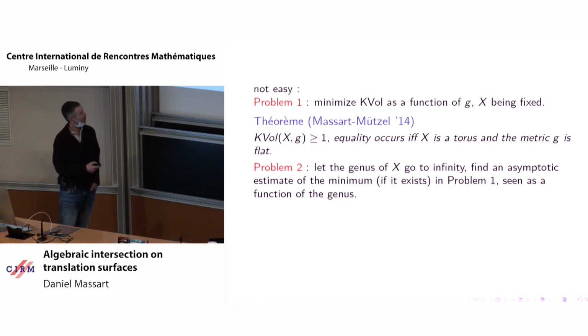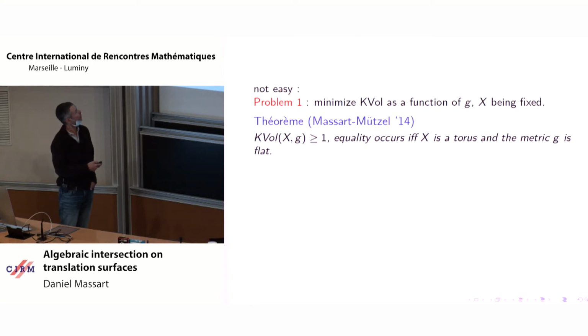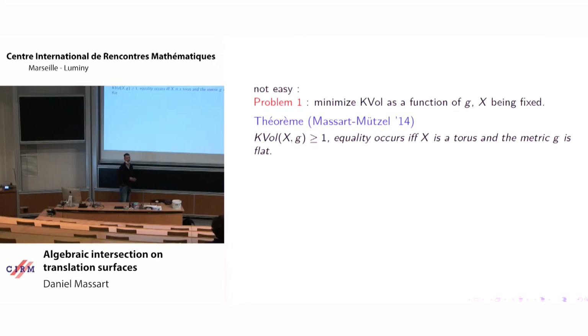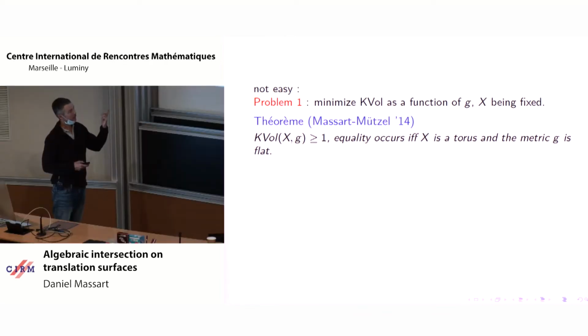So why did I say that it's a tame cousin of the systolic volume? Maybe you'd like to know what the systolic volume is? It's okay? Okay. You remember that the systolic volume of tori is minimized by one special flat torus, which is the hexagonal torus.